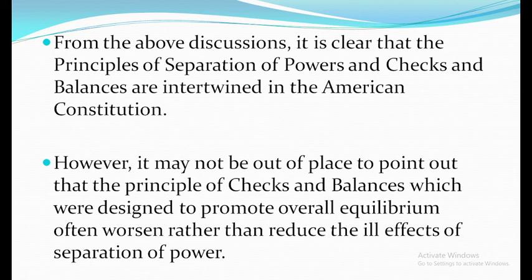In other words, these 2 principles are combined in a very healthy manner. In fact, this is the primary feature of the American government, which is constantly manifest in the practices of the government and politics. There is no other major country in the world which has a combination of these two principles as in the United States.